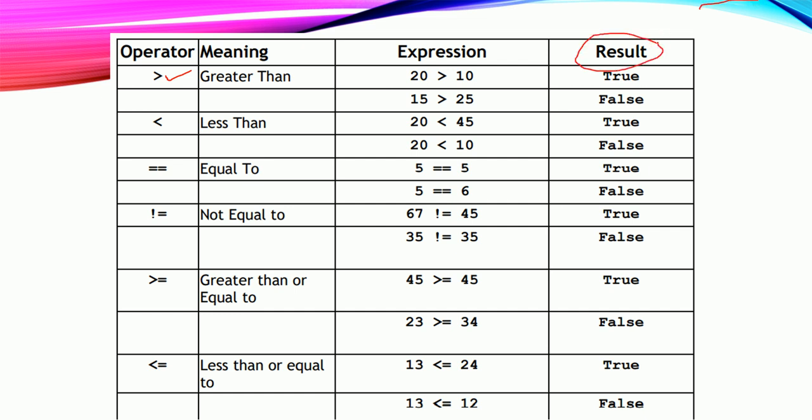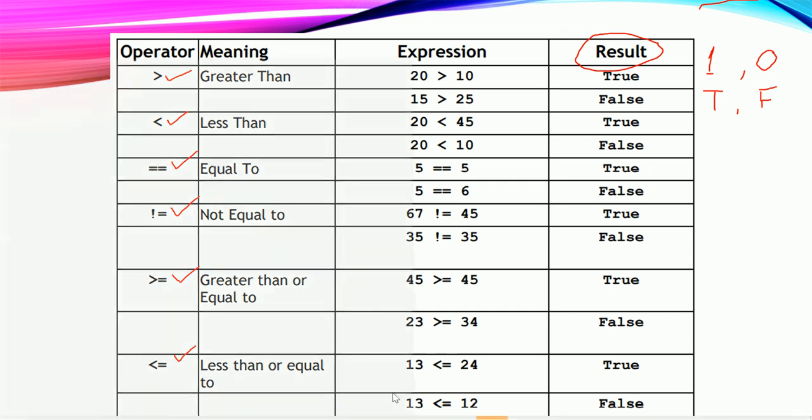Boolean means that may be 1 or 0, true or false, always. Greater than, less than. Now equal to: double equal to means comparison, while single equal to means assignment. Then not equal to, greater than or equal to, and less than or equal to.